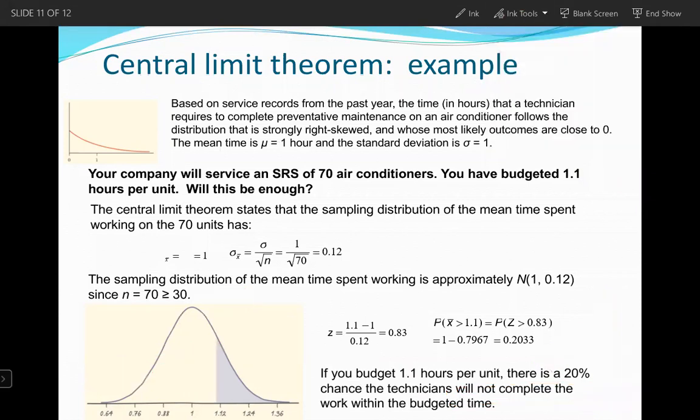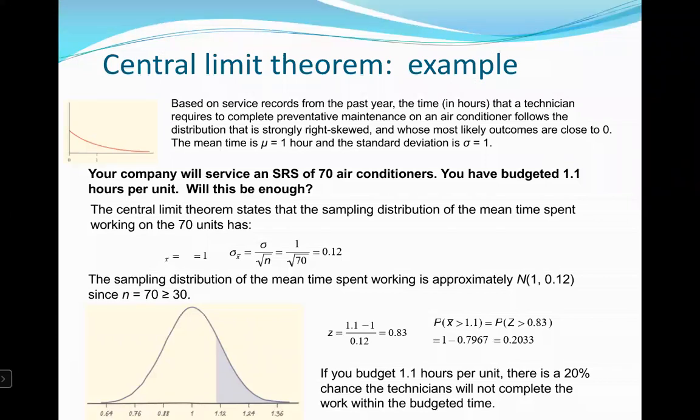If you budget 1.1 hours per unit, there's a 20% chance that the technicians will not complete the work within the budgeted time. So what's the probability? We found that probability to be 0.2033.